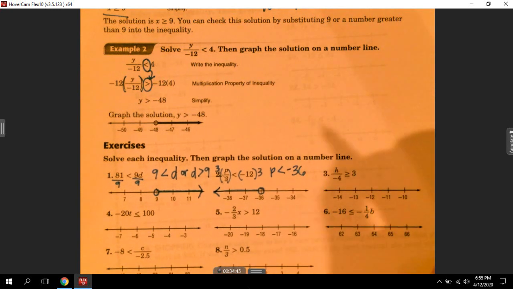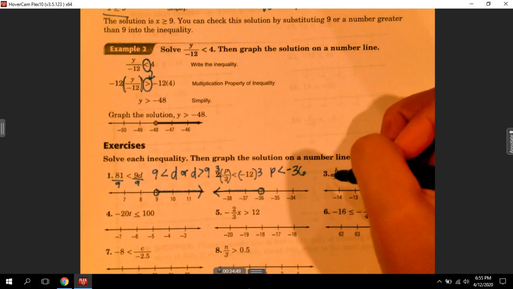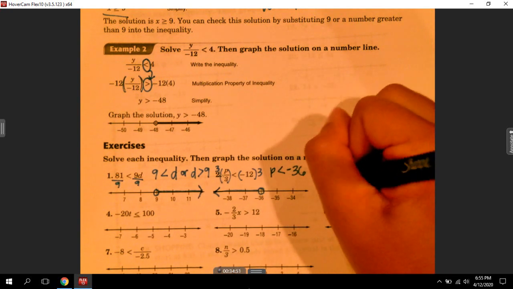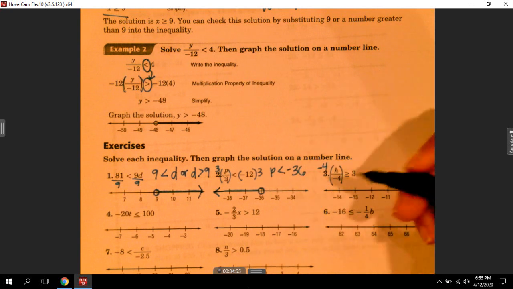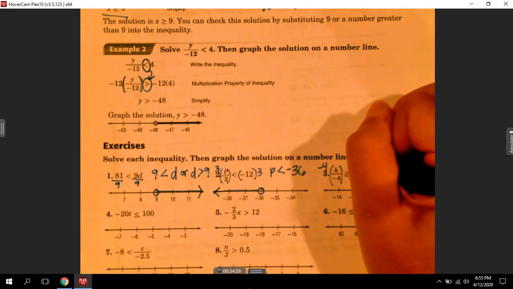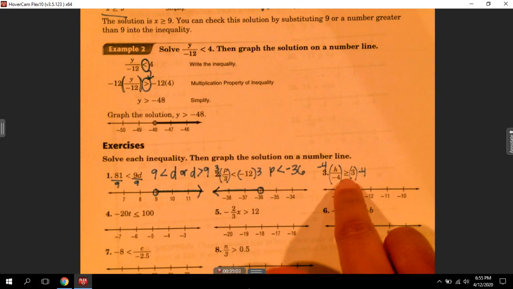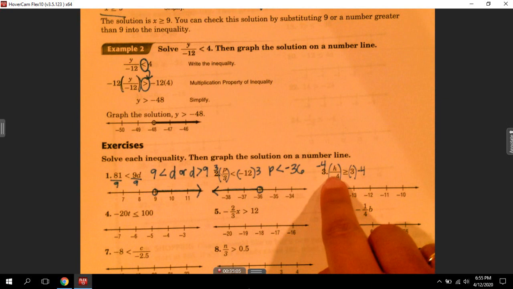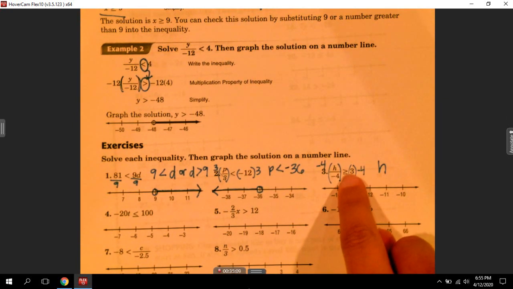All right, number 3, I've got H divided by negative 4 is greater than or equal to 3. Okay, in order to solve for H, we're dividing by negative 4, so that means I need to multiply by negative 4. Now this is a negative number we're multiplying by, so this is when you need to flip that sign, okay? So over here on this side, I should have H. I had greater than or equal to.